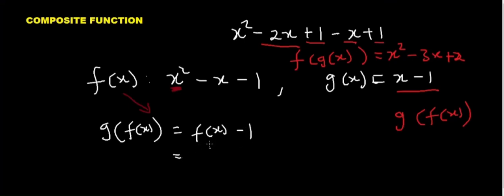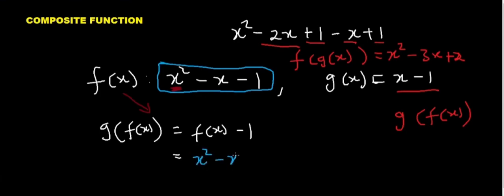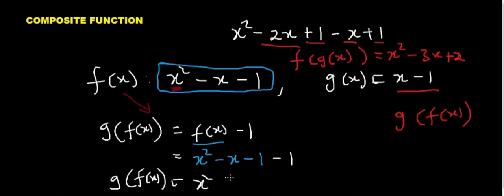That means it's representing this one. Which means, what's my f(x)? My f(x) is the whole of this one. So I'm going to write x squared minus x minus 1, which is the whole of this f(x), then minus 1. Which means that I can equally write this as x squared minus x minus 2.